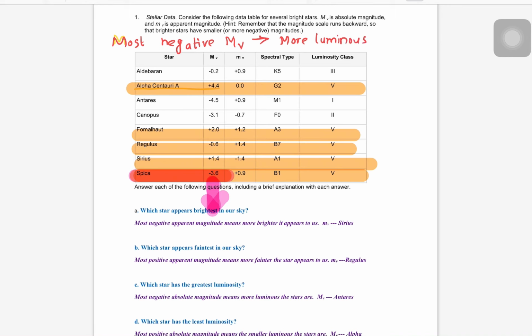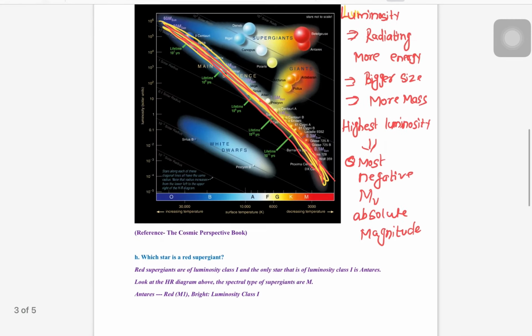and more luminous stars mean less lifetime. So for all the main sequence stars, if it is more luminous, then it has less lifetime. So Spica, if you look here, is the most luminous main sequence star. That means it has the least lifetime.